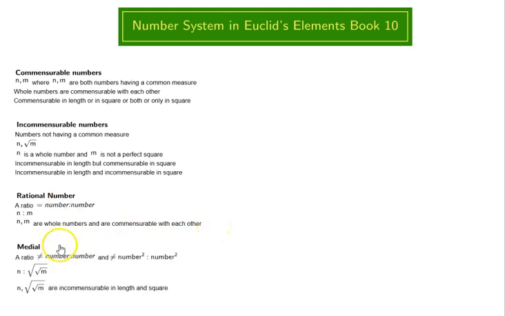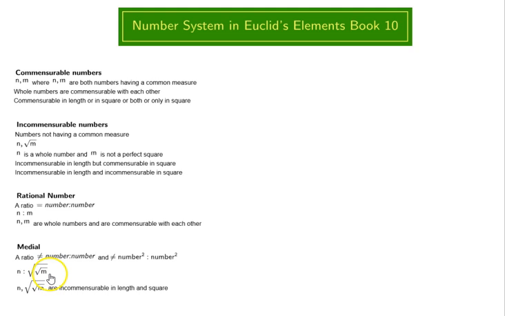Then we have medial numbers. A ratio which is not equal to a number is to number and also not equal to a number square is to number square. So something like this, n is to square root of m. So square root of m is irrational.